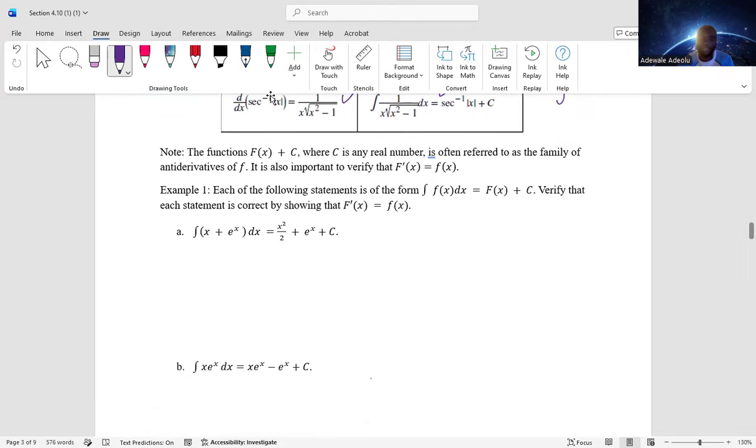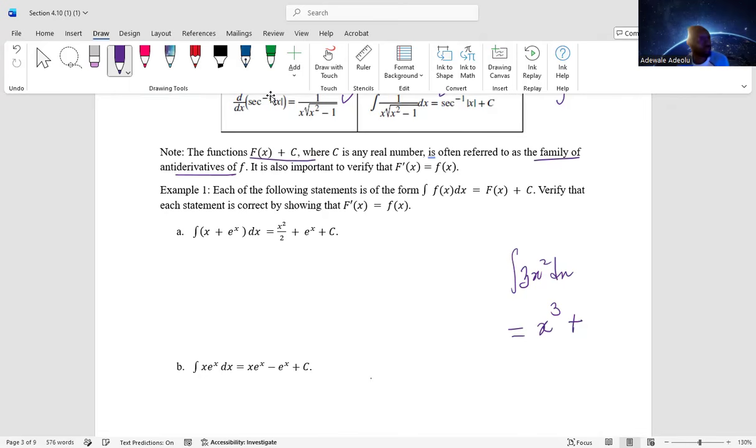Now, just repeating here, notice how we add C. That is because it is referred to as family of antiderivatives of f. Because the other time when we had, say, 3x squared dx, the antiderivative of this, we said we have x cubed.